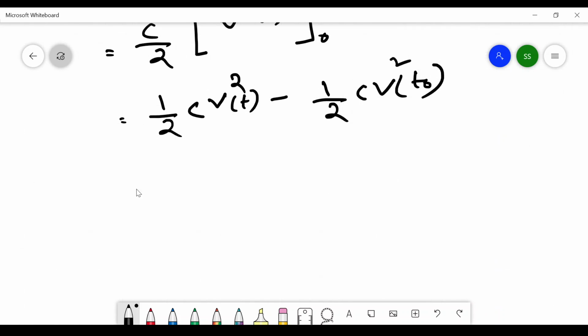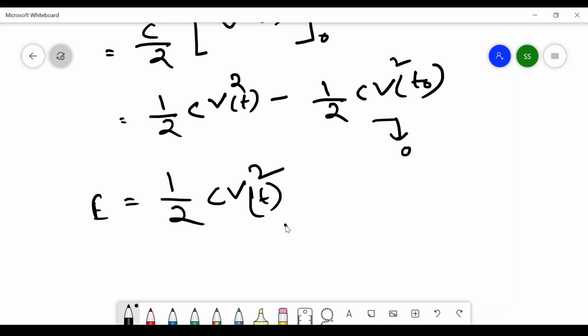Now if I go further, let's say the initial voltage is 0, then the energy stored in the capacitor is 1/2 C v squared, where v is the final voltage.